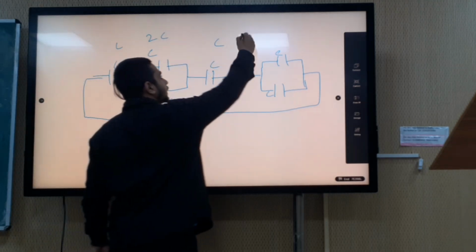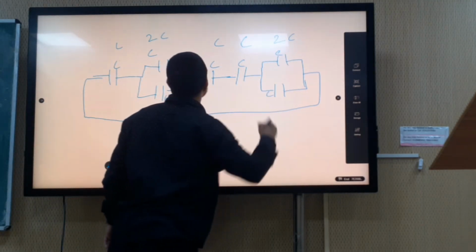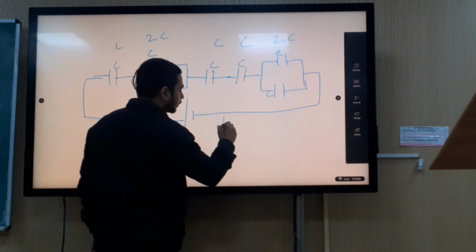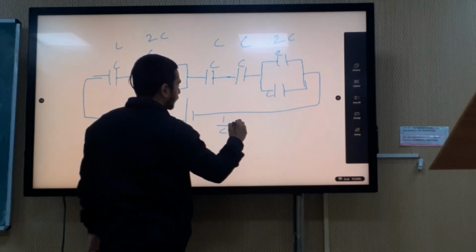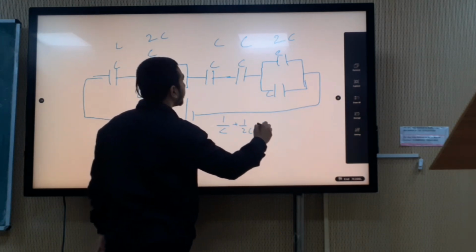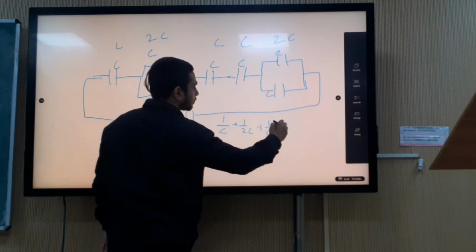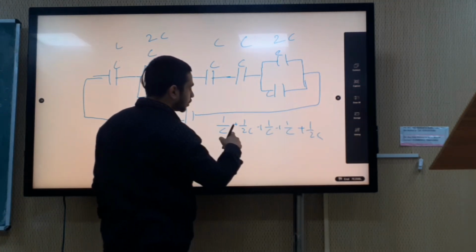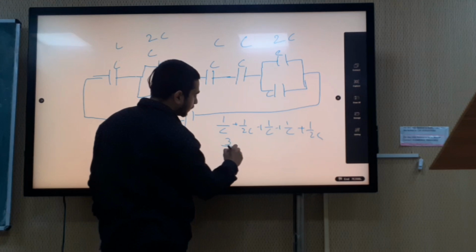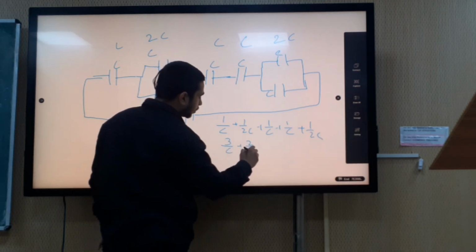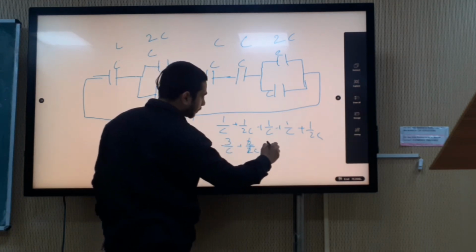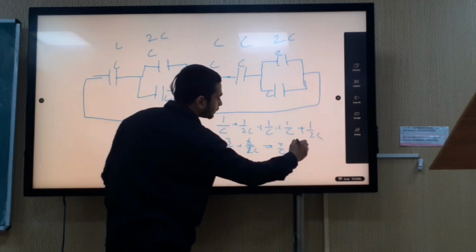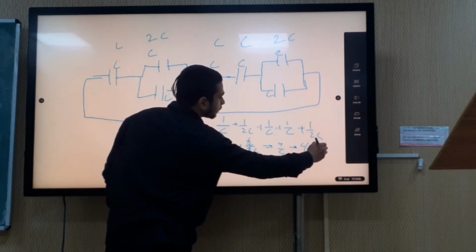This is again C, then C, then 2C. Net: 1 upon C plus 1 by 2C plus 1 by C plus 1 by C plus 1 upon 2C. This will be 3 by C plus 2 by 2C, so 4 by C. So the net will be C by 4.